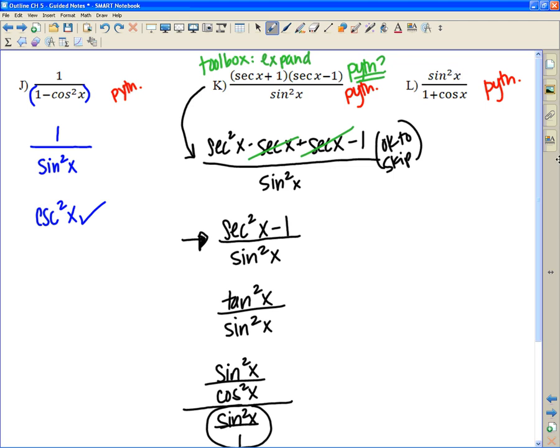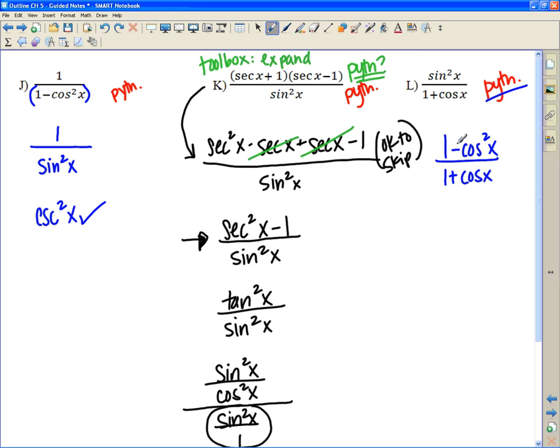So the first thing I'm going to do is I'm going to write 1 minus cosine squared x over 1 plus cosine x. So I made a decision that made this fraction look a lot more similar and have the same patterns compared to what this has. So we did use the Pythagorean identity.